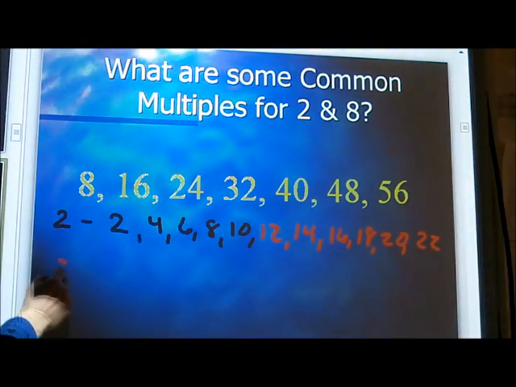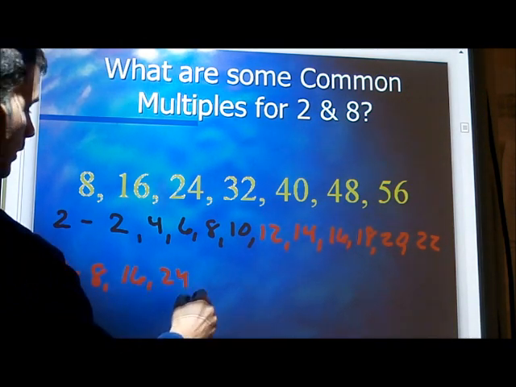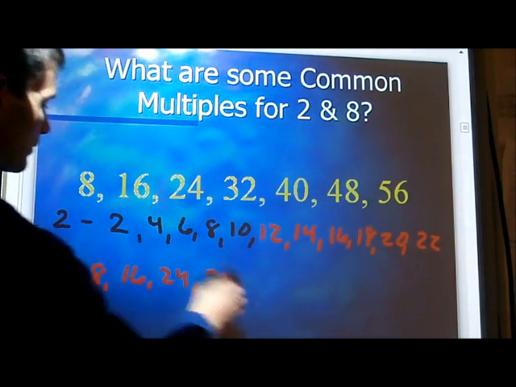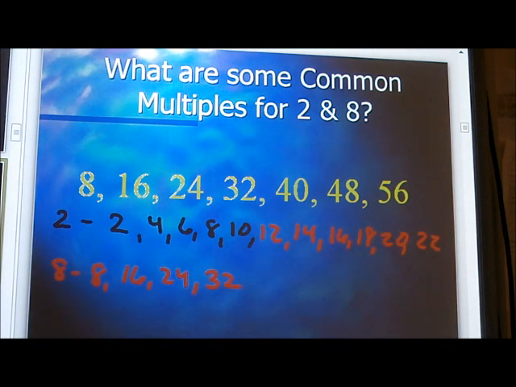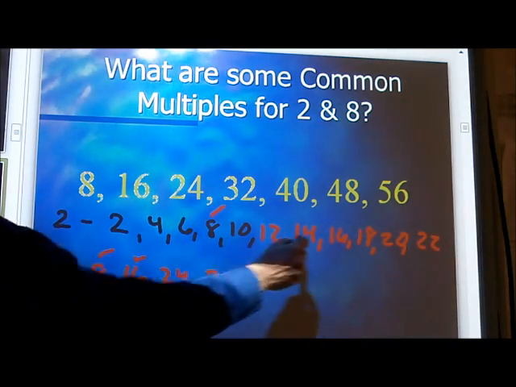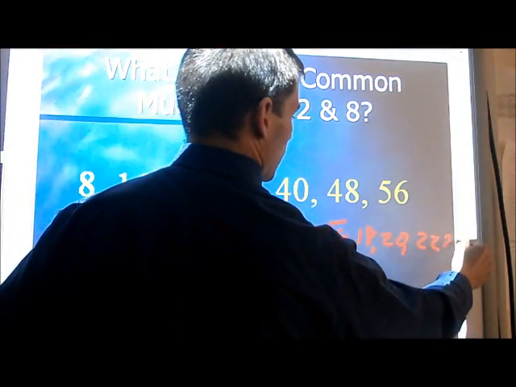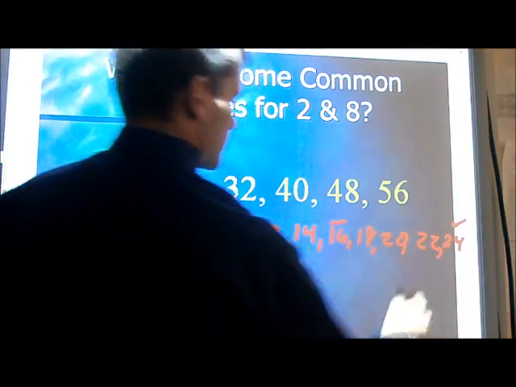If I do the same for 8, I get 8, 16, 24, 32, and I'm going to stop there. Okay. Again, 8 is in common, 16 is common, 24, if I went one more, would be common as well.